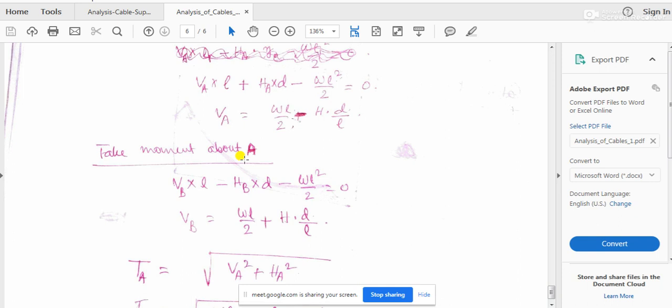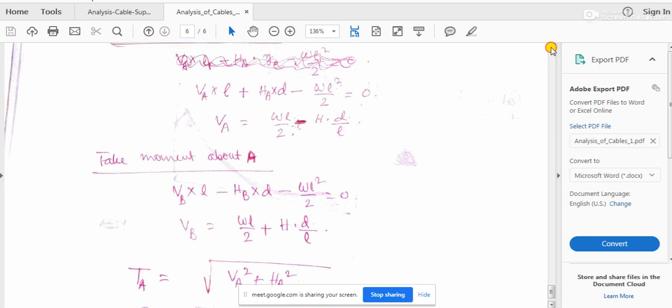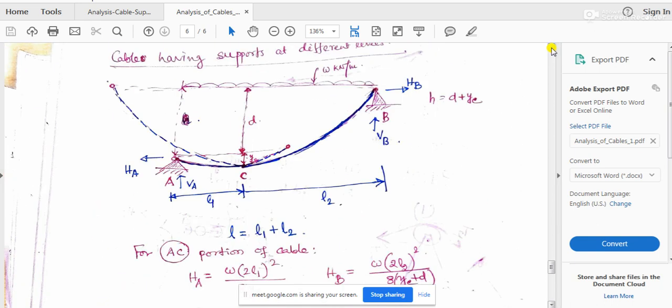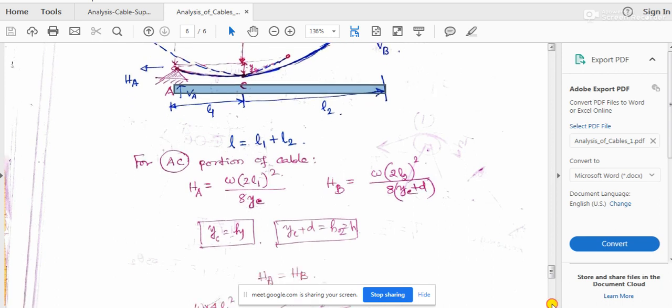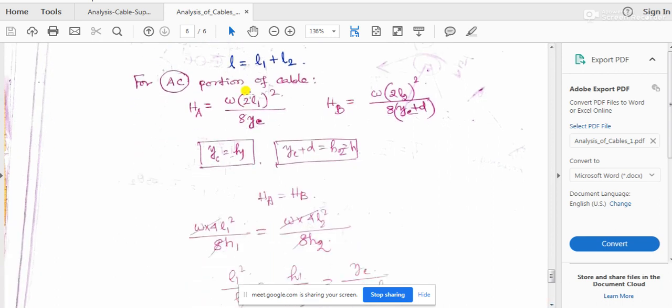Now, the second thing you should remember for this kind of problem: in many cases the total length of the span will be given. However, to find out HA and HB, the horizontal component of force, you will require L1 and L2.